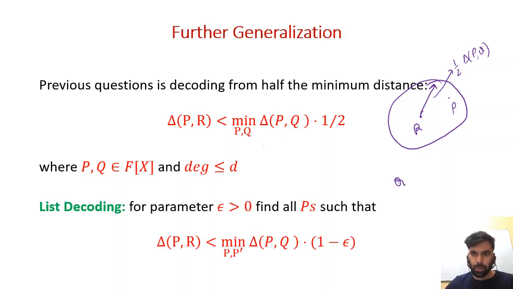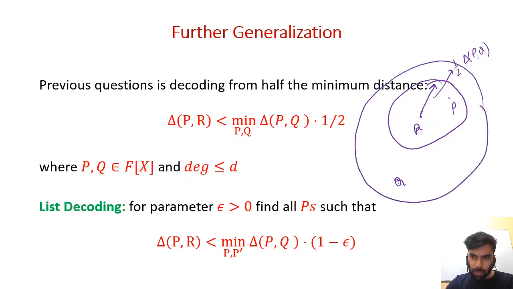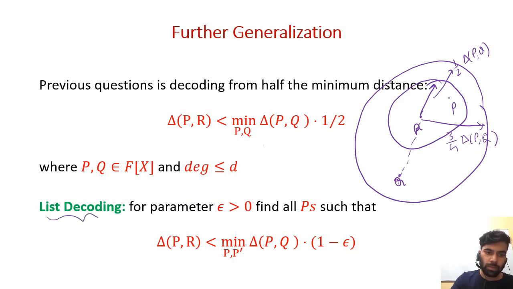We can say, okay, maybe you find me not only p, but any code word which is close to r. And by close now, we mean which is within distance 3/4 of this, or in general 1 minus epsilon. And as you can see, that no longer is that combinatorial argument of uniqueness of p valid. So naturally we have to produce a list of all such p's, and that is how we get the name list decoding. Pardon this p prime, this should have been q.